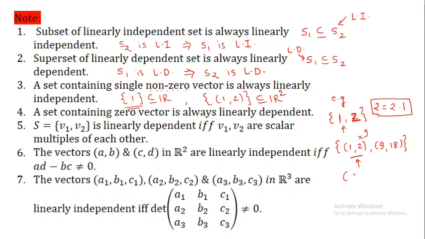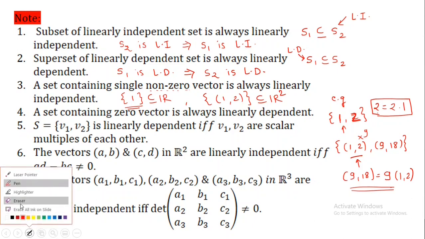Over here, (9, 18), if we take 9 out, can be written as 9 times (1, 2). So again it implies that (9, 18) is a scalar multiple of (1, 2). That is nothing but our fifth note.